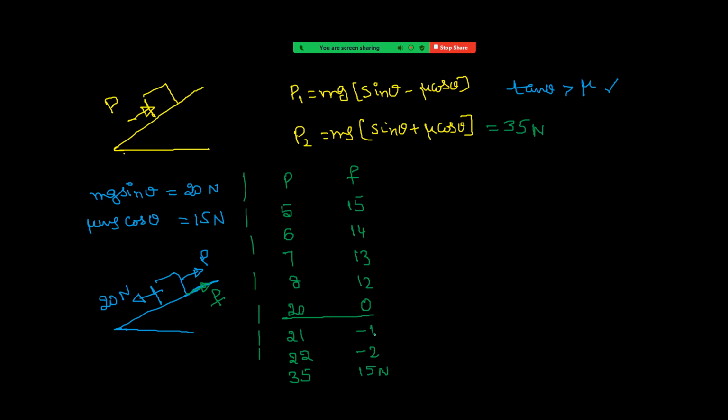After that, if you still increase P, the friction value increases but the direction is reversed, 1, 2, like this up to 15, downwards. Up to here friction was upwards. So up to some point friction is positive and decreasing, after that friction is negative and increasing in magnitude.